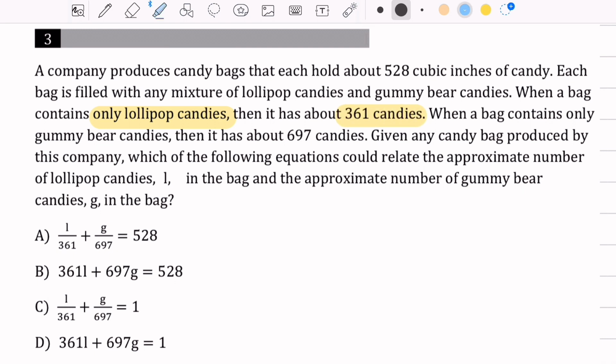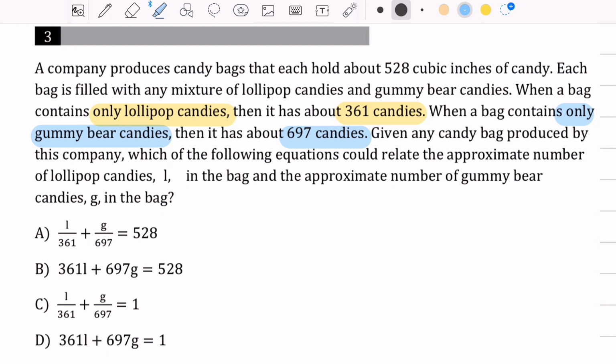When a bag contains only gummy bear candies, it has about 697 candies. Given any candy bag produced by this company, which of the following equations could relate the approximate number of lollipop candies L in the bag and the approximate number of gummy bear candies G in the bag?